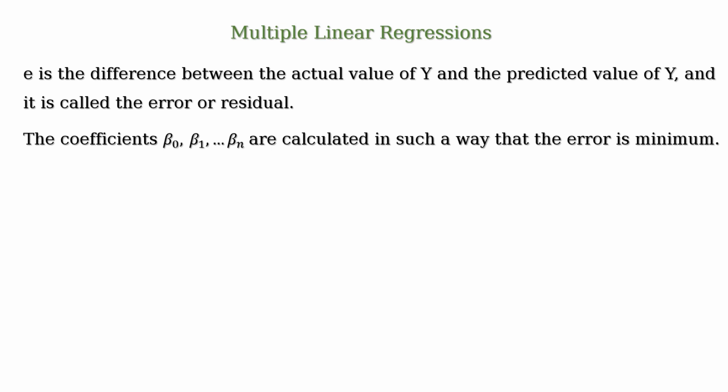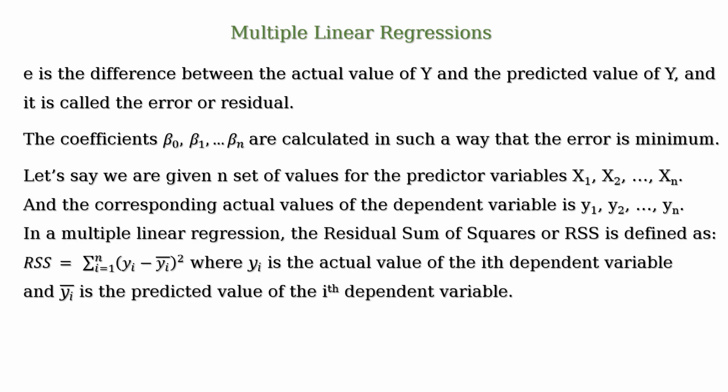The coefficients beta 0, beta 1 to beta n are calculated in such a way that the error is minimum. Now, let's say we are given n sets of values for the predictor variables x1, x2 to xn, and the corresponding actual values of the dependent variable are y1, y2 to yn.